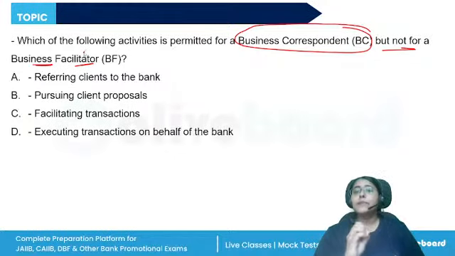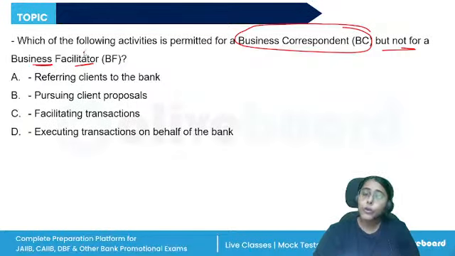Now, as per the guidelines, the business correspondents are allowed to make transactions on behalf of the bank and serve the customers. They serve the customers as agent of the bank. The business facilitators, however, are only permitted to refer the client, pursue the client's proposal, and facilitate the bank to carry out transaction.